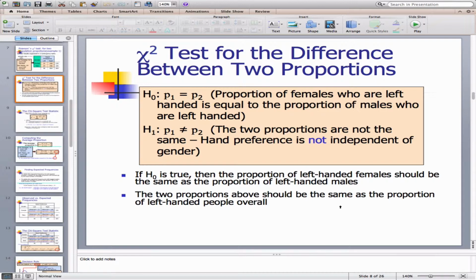Here, because we have just two categories in each variable, we can simplify that into P1 and P2.